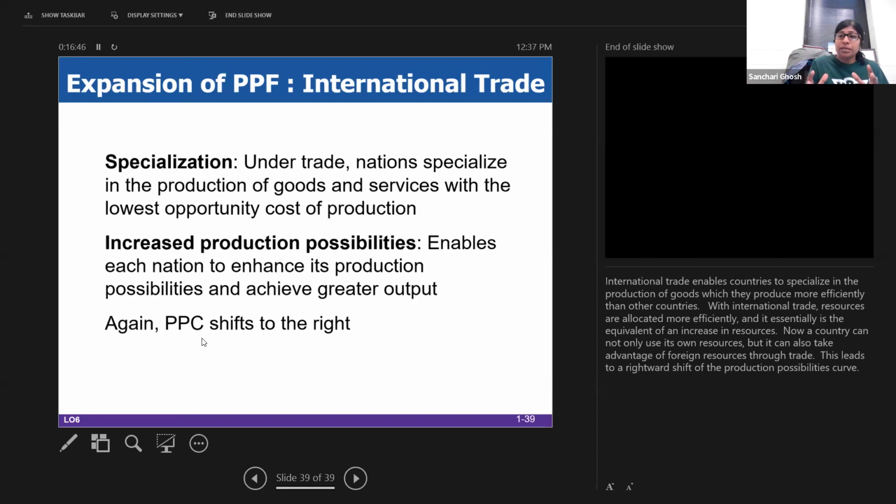So to summarize, it could be international trade, it could be having improved technology, having more resources, or just increased output capacity, as in the Chinese case, that shifts your production possibilities to the right. So that concludes our chapter number 1.